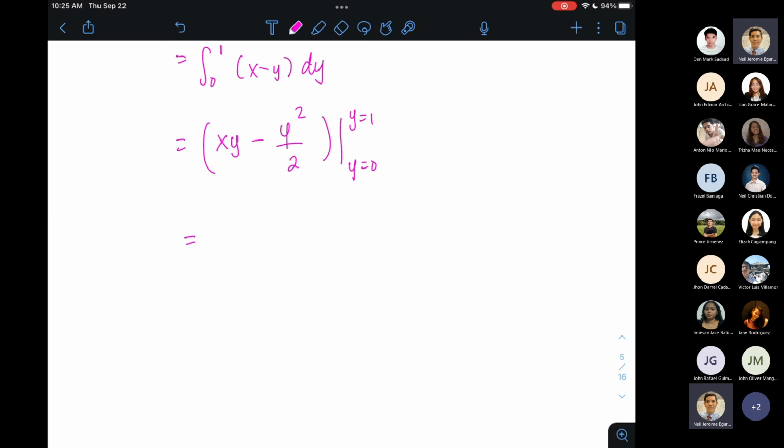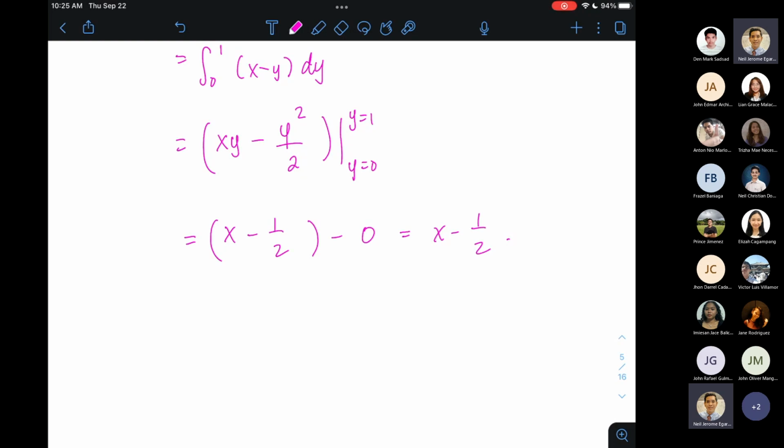So we get x minus 1/2. Tama ba? Tapos minus 0. So this would be x minus 1/2. Tama ba integration ko? 1, 0, minus 1/2. I think so. All right. Kinakabahan ako sa integration kasi maaga pa. So yan. So x minus 1/2.